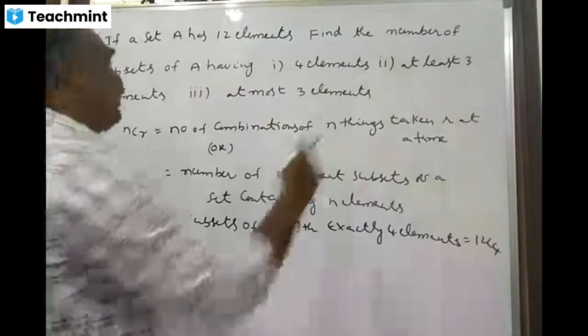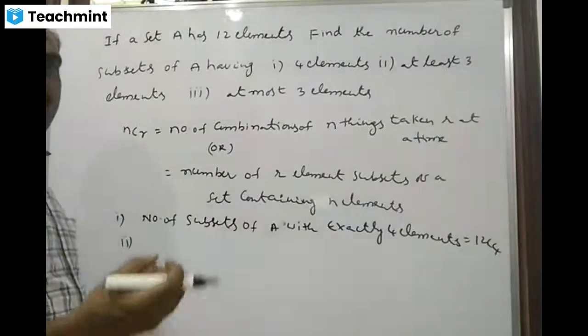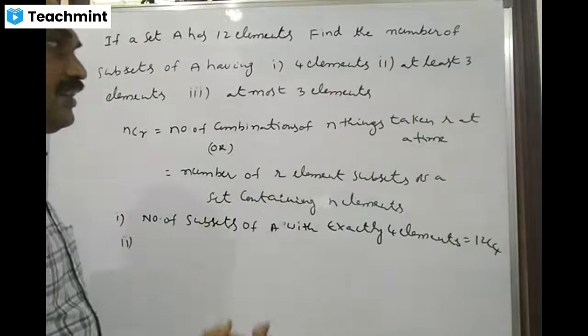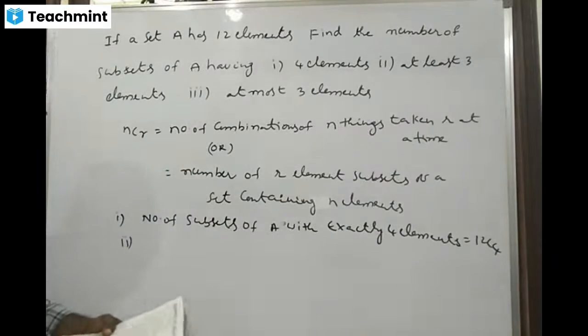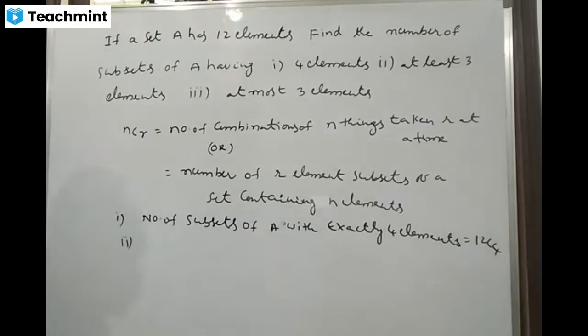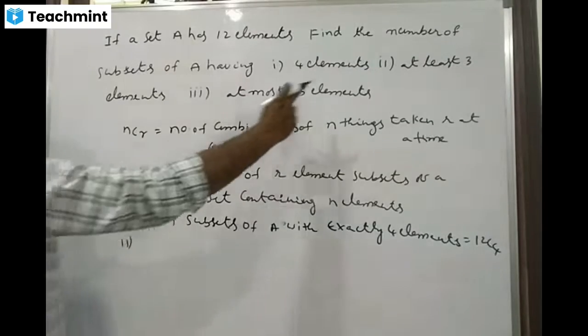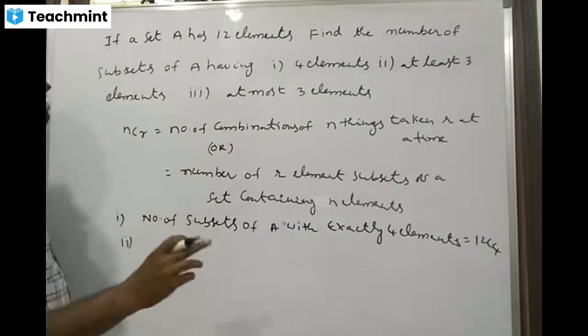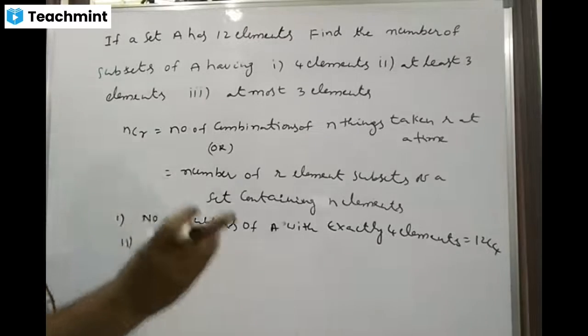At least 3 elements. Friends, at least 3 means 3 or 4 or 5 or 6, 7, 8, 9, 10, 11, up to 12 elements. Second question, at least 3 elements, means 3 element subsets, 4 element subsets.